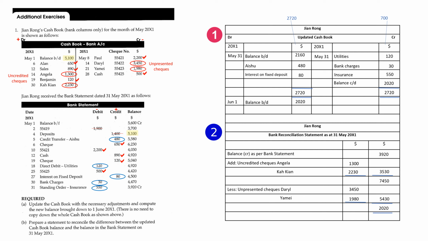A credit balance as per bank statement is the same as a debit balance as per updated cash book. As you can see over here, they are the same now. So it shows that you are correct. If it's not the same, that means you have made a mistake and you might have to go back again to the questions. Now let's move on to the next one.